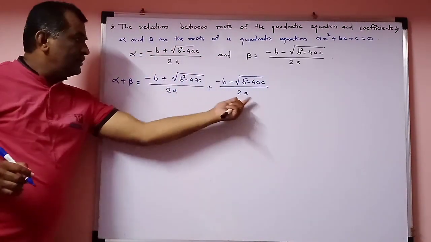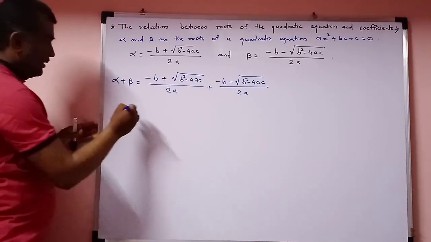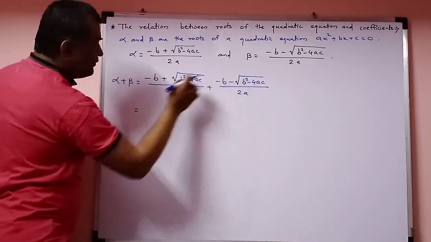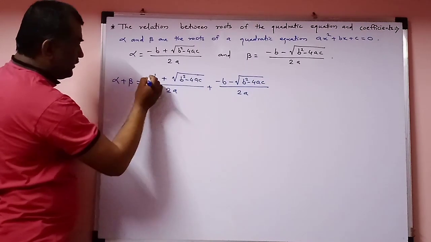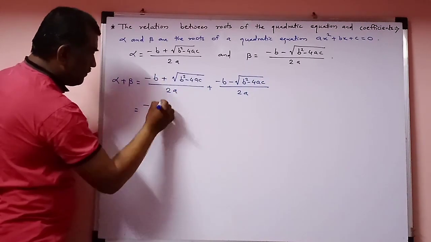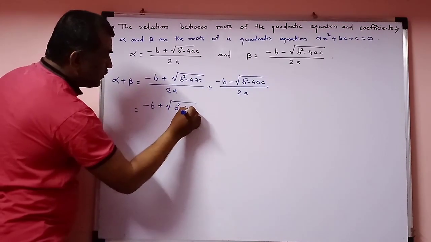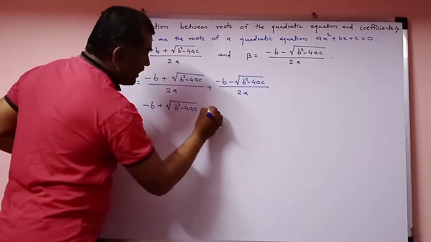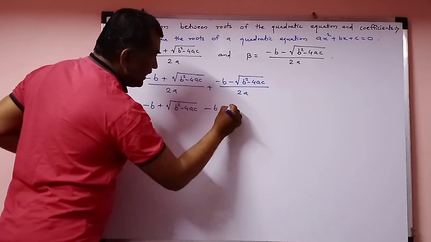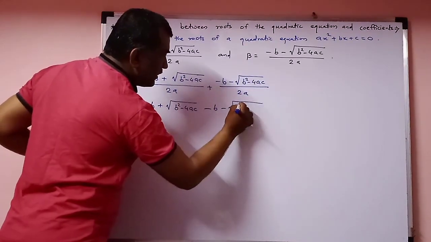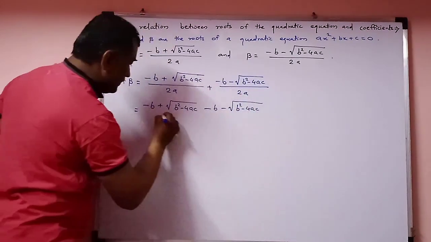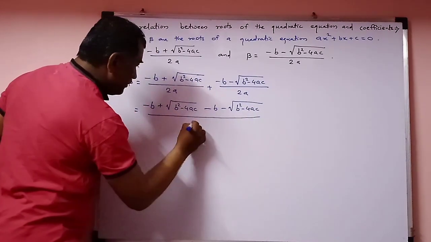The denominators of these two fractions are same. Then addition of these two numerators, minus b plus square root of b square minus 4ac minus b minus square root of b square minus 4ac upon 2a.